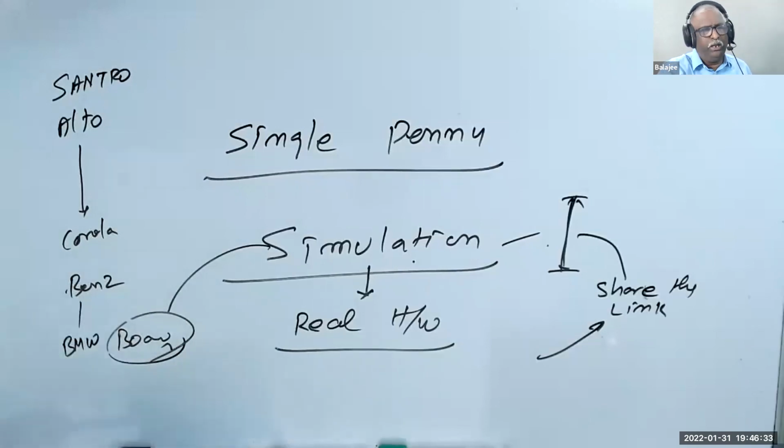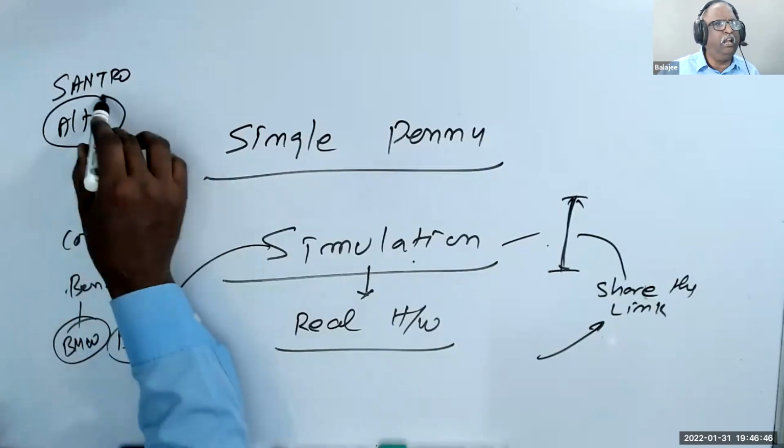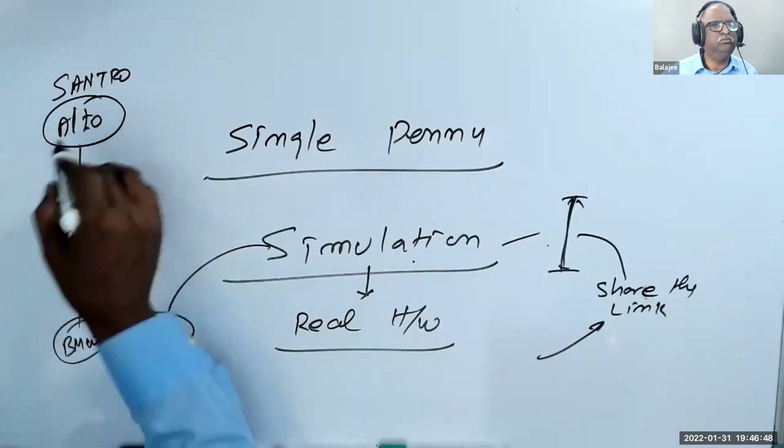Am I right? You have so many cars. When you go and start learning driving, you'll never start on a BMW, provided you don't have huge money. Normally, the car driving institute will teach you on an Alto.